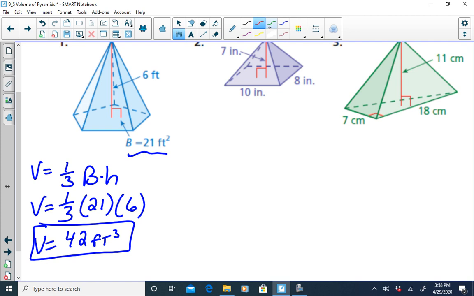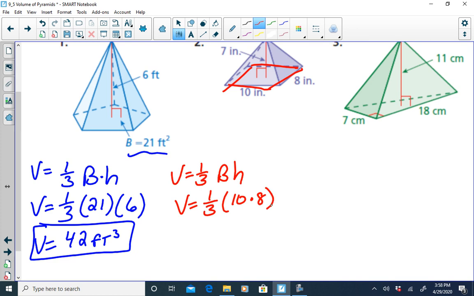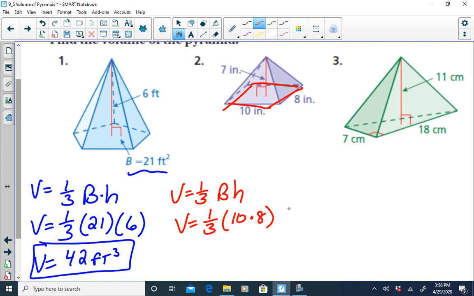All right, next one. Base is a square. Still write our formula. 1/3 base area times the height. But that base area here is a rectangle this time. That's 10 by 8. So that base area is going to be the 10 times the 8. But then we got to multiply by the height of the pyramid.